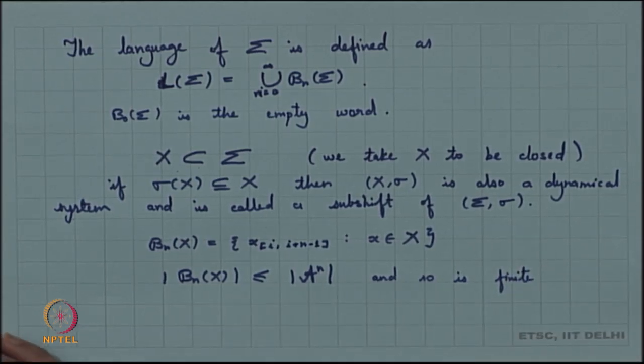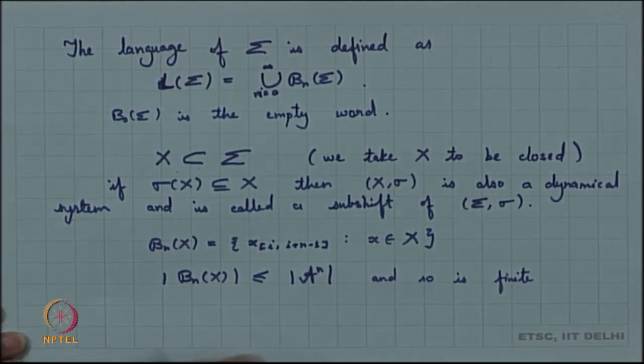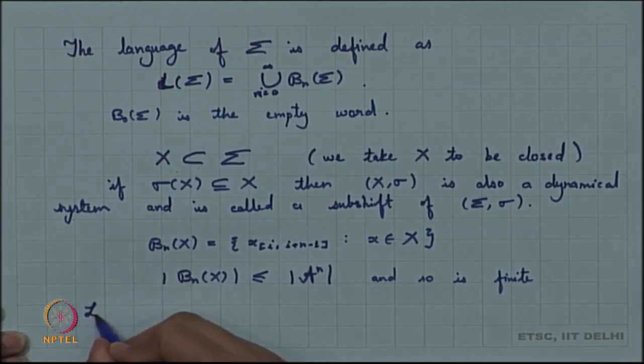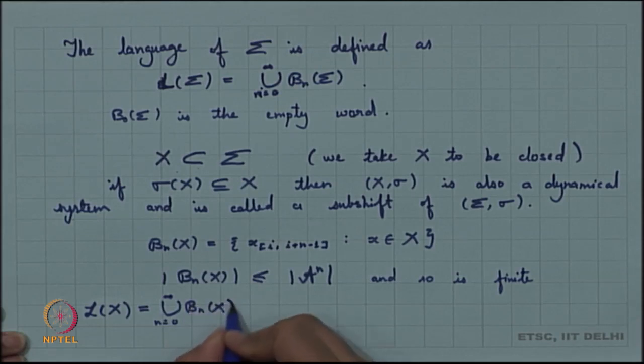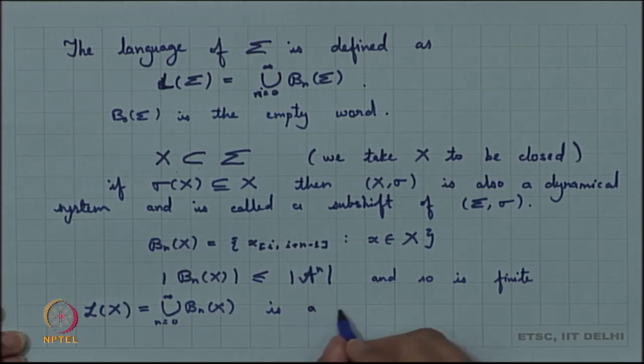This happens to be a finite set, and hence when we look into the language of X, which would essentially be the union over n going from 0 to infinity, this is a countable set, right. So, this is a countable collection of words.